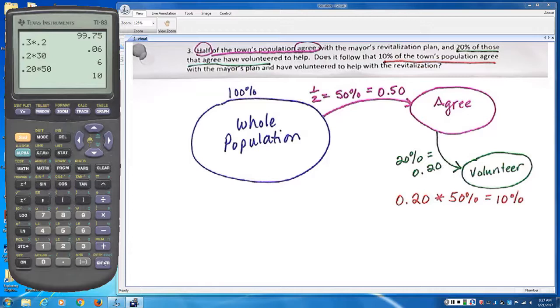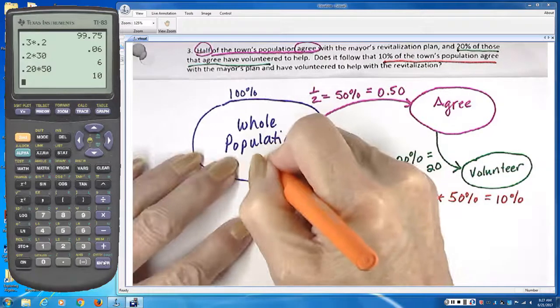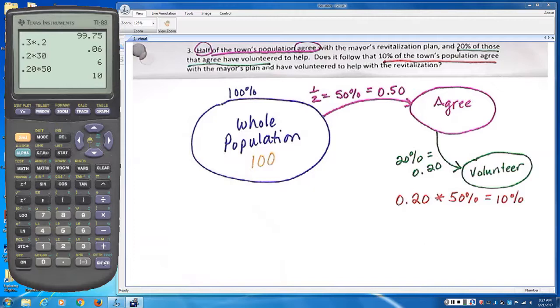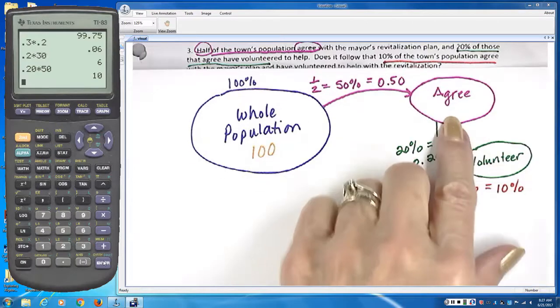Now here's how we decide if that's entirely true or not. Let's suppose the whole population, again, since it's 100%, we'll say that there's 100 people in the population. How many people agree?